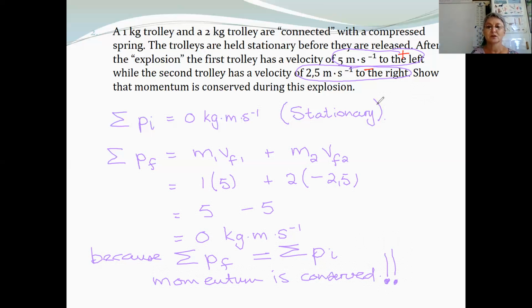Show that momentum is conserved. And because they say show that the momentum is conserved, you can't assume that they are equal. So you can't start off with the total initial momentum equals the total final momentum. You need to calculate them separately first and then conclude.